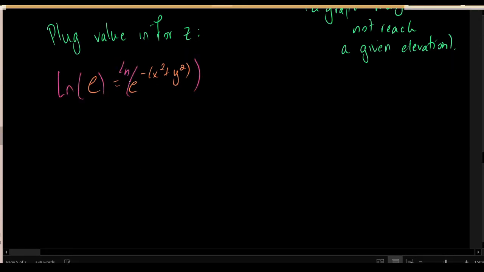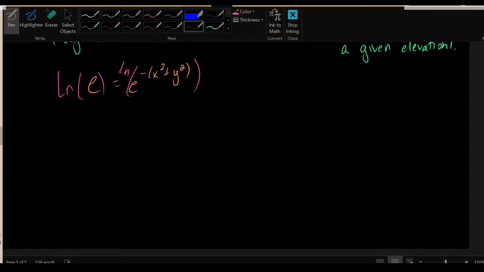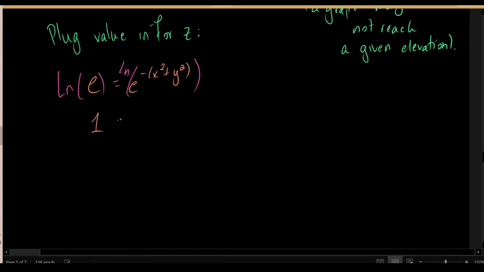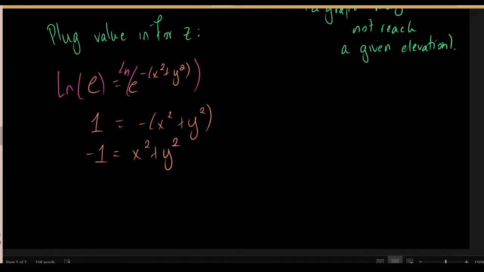Natural log destroys e. Natural log of e by itself simplifies to 1. I get negative x squared plus y squared equals 1. In other words, minus 1 equals positive x squared plus y squared. However, because x and y here are intended to be real numbers, you can't square two real numbers, add them together, and get a negative result.